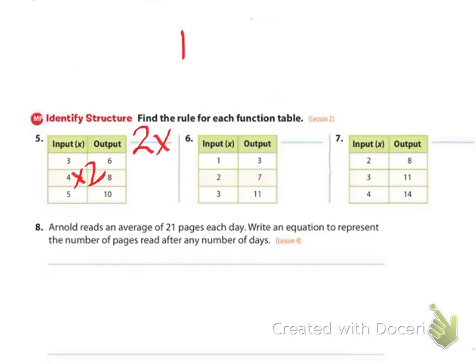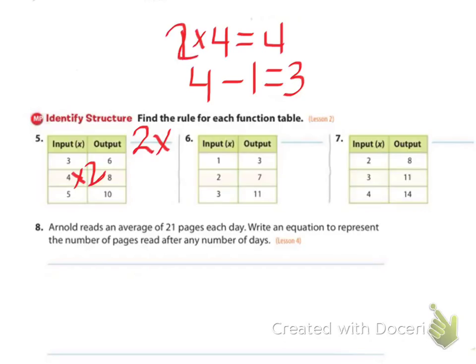So if you will take some time and play with this, you'll figure out for number 6 that you can say 1 times 4 equals 4, and 4 minus 1 equals 3. Check that out. It should work for 2. So say 2 times 4 equals 8, and 8 minus 1 equals 7.